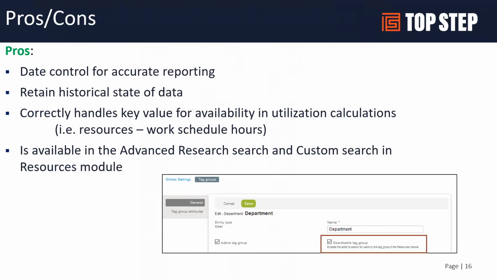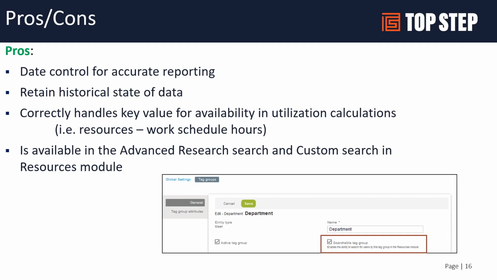Now, finally, let's talk about why would we want to use these. Again, date control of the changes to our data. We're going to get, quite honestly, more accurate reporting. If we have a resource again who goes from a non-billable to a billable capacity and then back again, we should be able to run one report that's only going to give us the data that's relevant to the billable capacity time period.